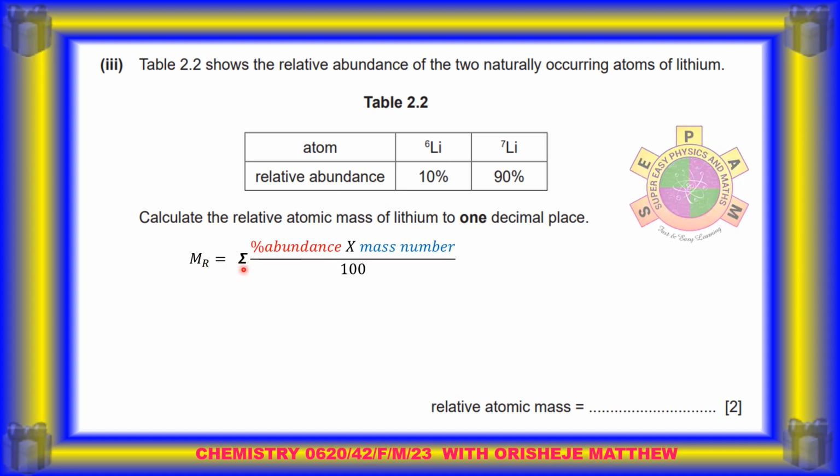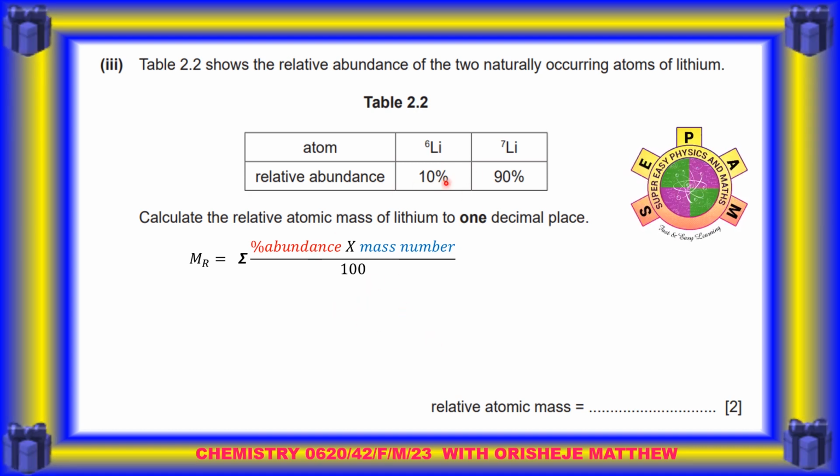The relative atomic mass is the percentage abundance times the mass number, the number of nucleons, divided by 100 if it's percentage. But if it is ratio, you divide by the total ratio. So if you are using ratio, then it will be the ratio multiplied by the nucleon number and then divided by the total ratio. But here we are dealing with percentage, so we divide by 100.